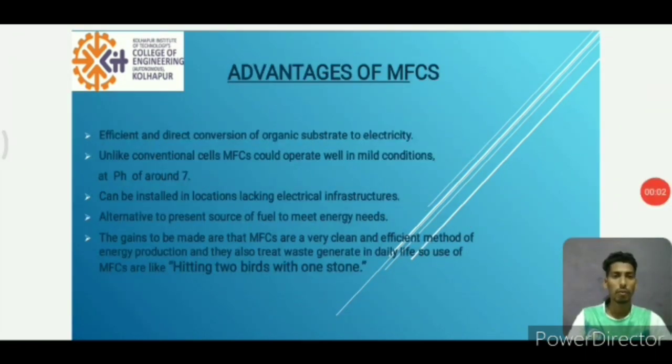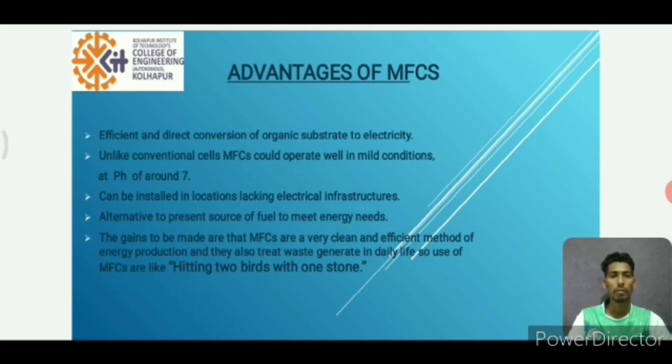Advantages of microbial fuel cells. They are efficient and give direct conversion of organic substrate to electricity. Unlike conventional cells, microbial fuel cells can operate well in mild conditions at a pH of around 7. They can be installed in locations lacking electrical infrastructure, as an alternative to the present sources of fuel to meet energy needs.